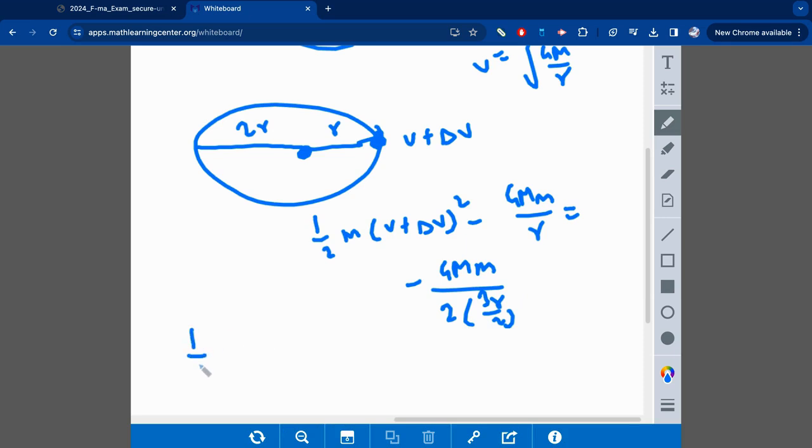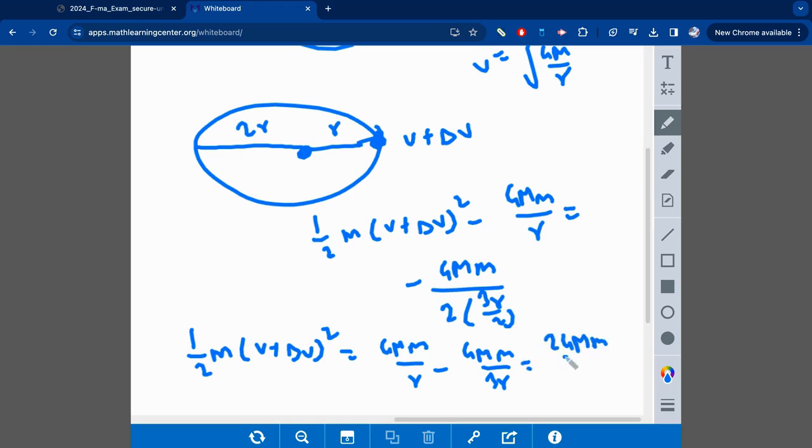So if we were to solve for delta v, we would get that this is just 2GMm over 3r.